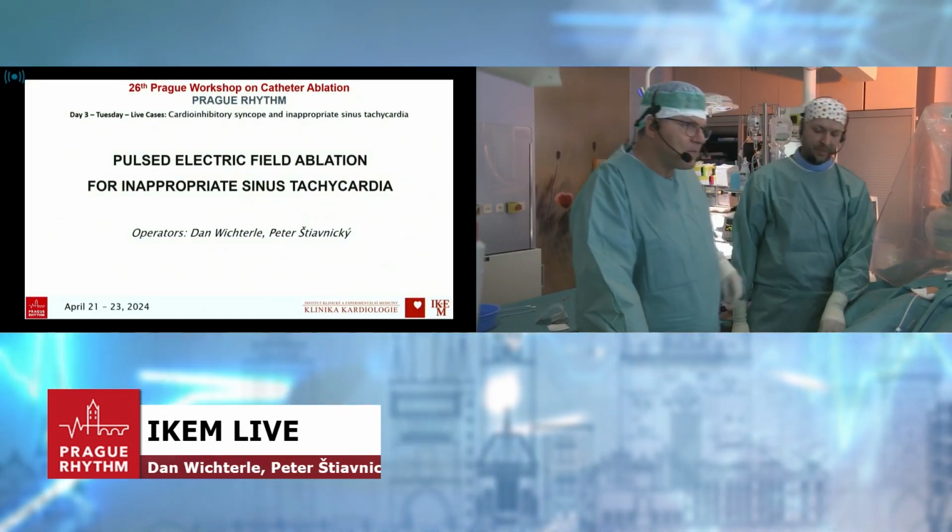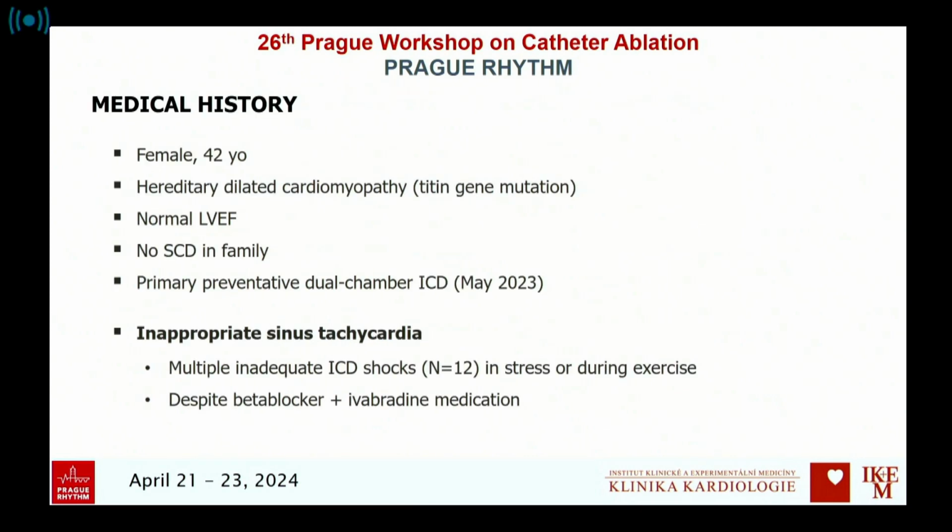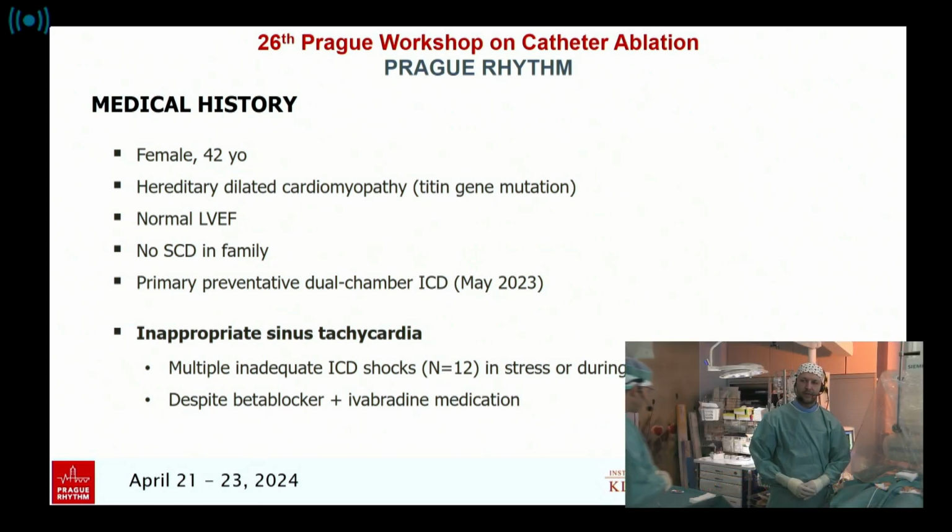In this live case, we are going to focus on pulsed electric field ablation for inappropriate sinus tachycardia. Please, next slide. This case report is about a female, 42 years old, with hereditary dilated cardiomyopathy with titin gene mutation, documented normal ejection fraction, and no sudden cardiac death in family history.